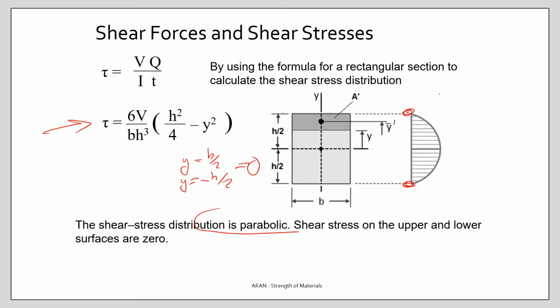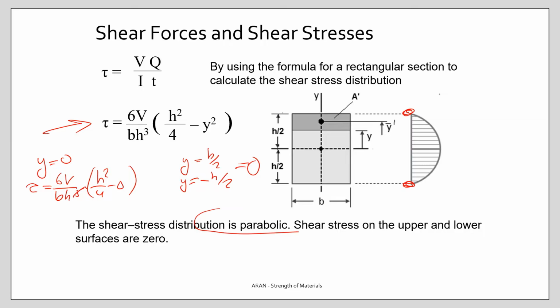If you put y equals 0, then you find that tau equals 6V over b h cubed times h over 2 squared minus 0.